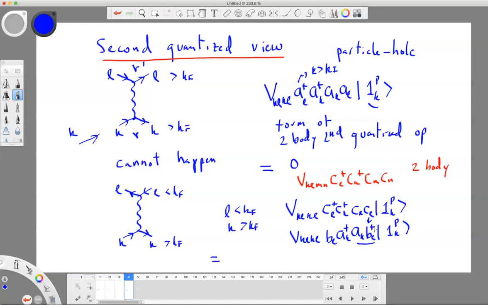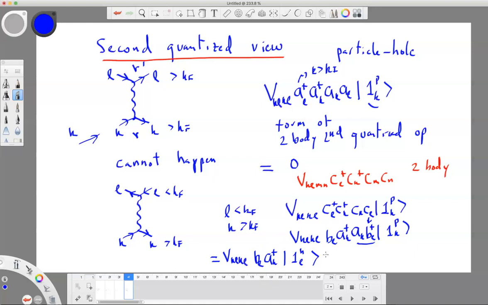So this creates a hole below. We have one particle still, and this destroys the particle. So we create a hole below, so we have one hole, okay? And destroy the electron. So we're left with this, and then we write the rest of the operators, which would be creating another particle, destroying a hole, and the amplitude.